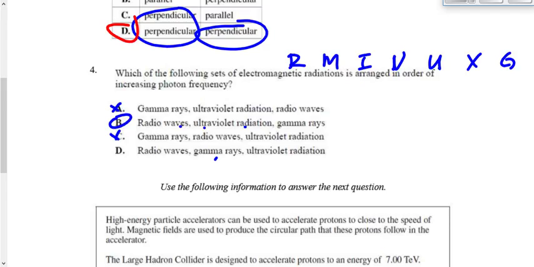We may not need to answer the question that we were asked here, but if we were asked decreasing photon frequency, we would definitely want to write it down and then just read them backwards, right? What's the other way that I could ask this question in order to make A the correct answer? Good. Increasing photon wavelength. Increasing wavelength is exactly the same as decreasing frequency and decreasing energy. Energy and frequency go together, right? They're directly related to each other.